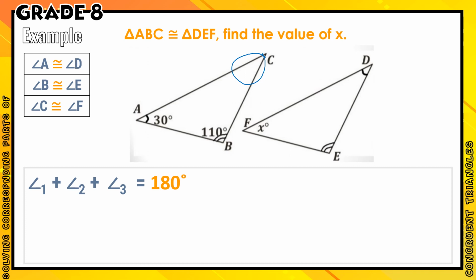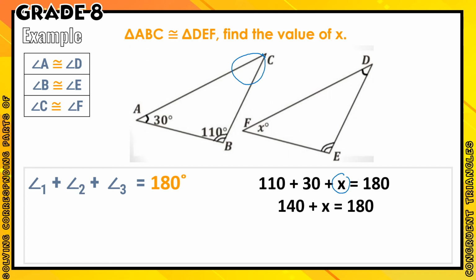So in mathematics, to compute it properly, we have here 110 plus 30 plus x is equals to 180. Kasi nga yung x, this is the missing part or the missing measurement. Na kung saan, if we're going to combine 110 and 30, the answer is 140 plus x. So combine similar terms, lipat natin si 140 on the other side of the equation.